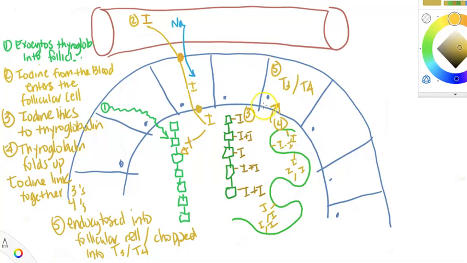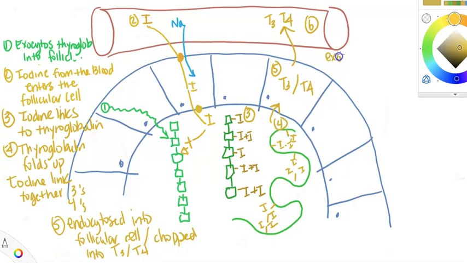From there, it is exocytosed then into the blood. So T3, T4. Okay, so that's how thyroid hormone is made, and that's how it ends up in the blood.